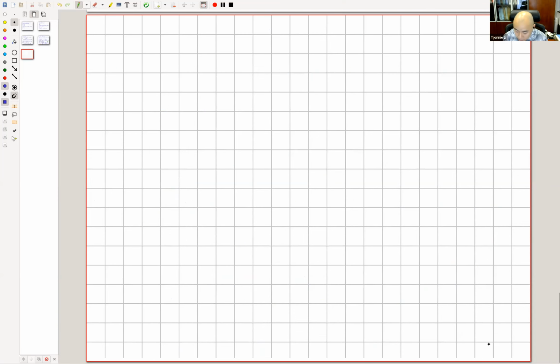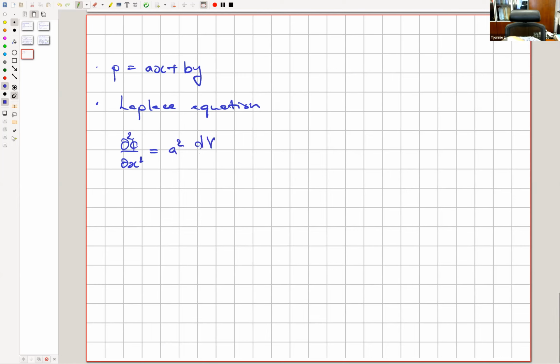And so once I know that I've got, for example, p equals ax plus by, well, then the Laplace equation gives me that partial phi partial x squared equals a squared times d phi dp squared, and partial phi partial y squared equals b squared times d phi dp squared.